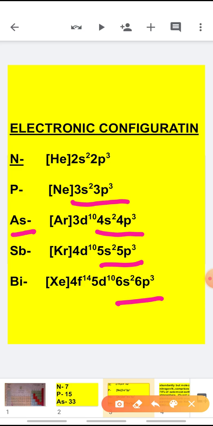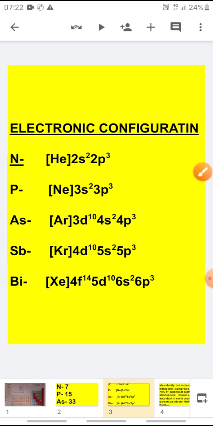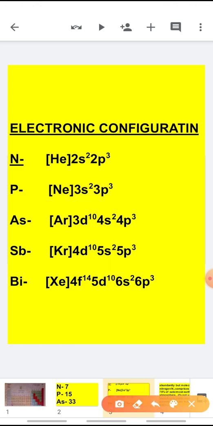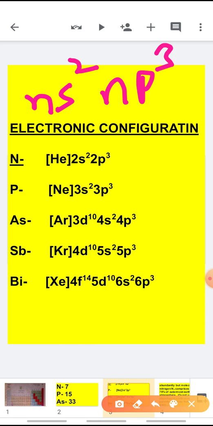So, we can simply say the general electronic configuration of this group of the periodic table is ns2, np3. That means all these elements have a half filled p subshell. Now, this value of n will indicate the period of the periodic table to which it belongs.